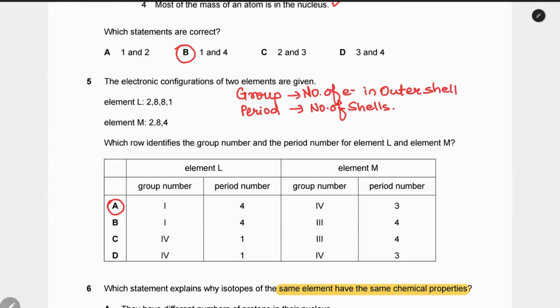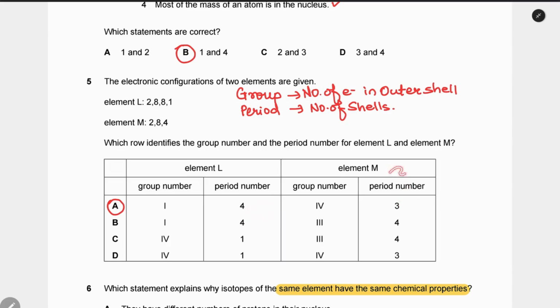As you can see, for group number, I'll see the outermost shell, which is 1. So 1 is over here in A and B. Now let's check for period number: 2, 8, 8, 1, which comes under period number 4. So we have B as the answer.